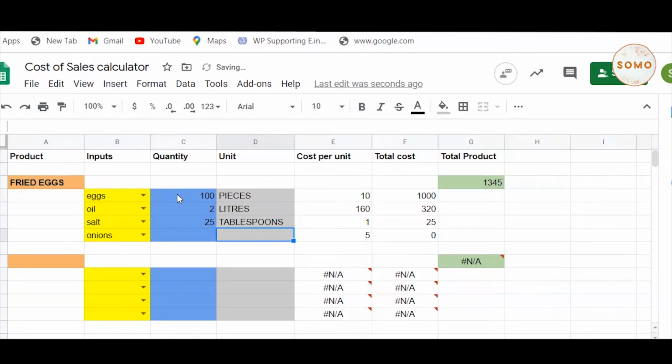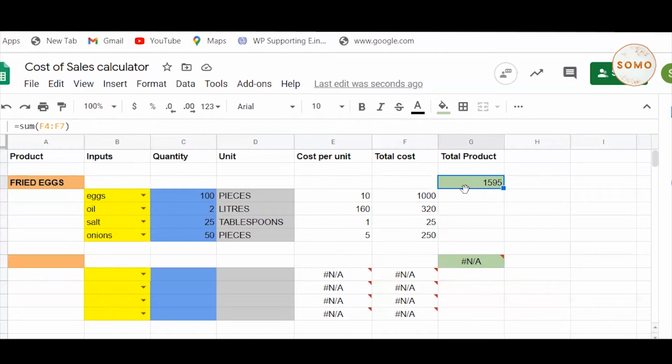Onions, we'll use 50 pieces, to make fried eggs that will go into making 50 roll eggs. That will incur a cost of 1,595 shillings.